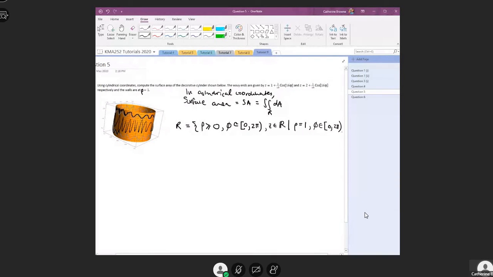And the z is going to go between, so the two wavy ends, z is given by 1 plus 1 on 10 cos 16 phi, and it goes all the way up to z equals 2 plus 1 on 10 cos 16 phi.